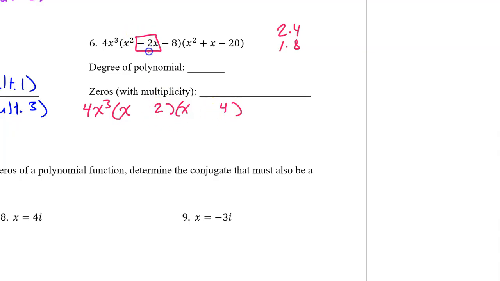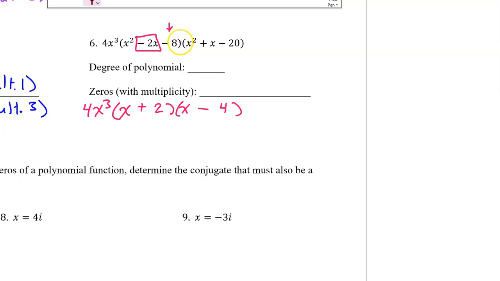Inner plus outer must equal middle. Inner, we have 2x. Outer, we have 4x. To get a middle of negative 2x, I need the signs to be positive and negative. So that means a positive 2 here and a negative 4 here. Notice positive 2 times negative 4 does give us negative 8 as well. So we factored the first trinomial.